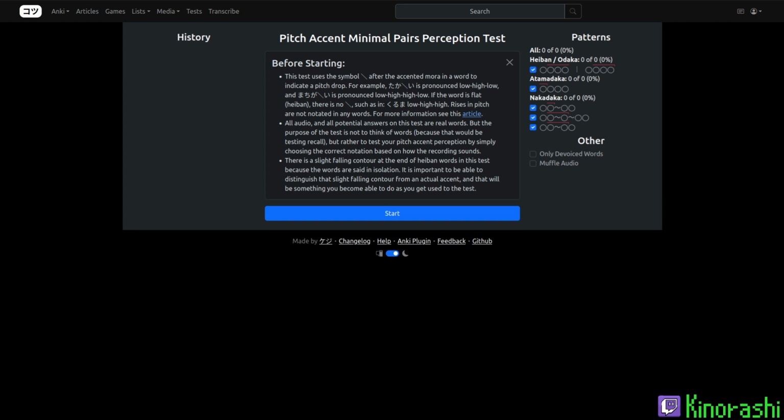Japanese pitch accents. One moment, as I find an article about it.